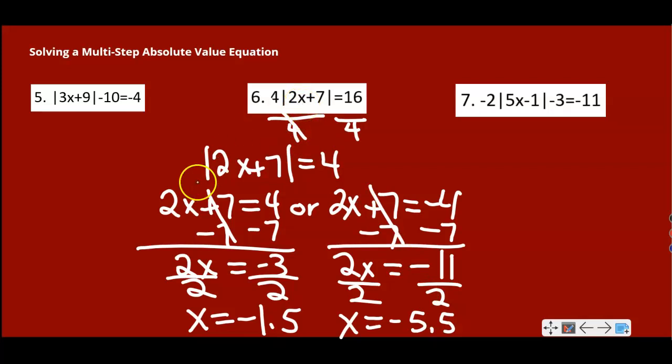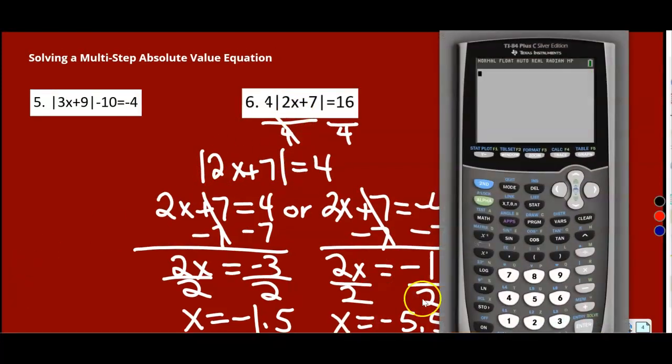Let's pull up the calculator to do that. We can just type in the original problem here to see if it equals 16. The first number we're going to plug in is negative 1.5. So we've got 4 times, and if you go to math and scroll over to ABS, that's absolute value.